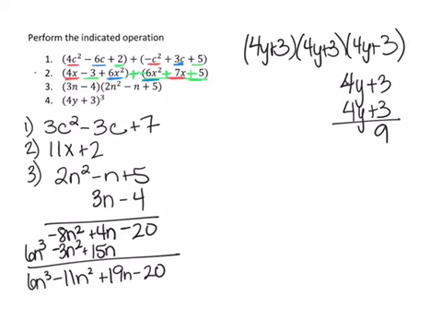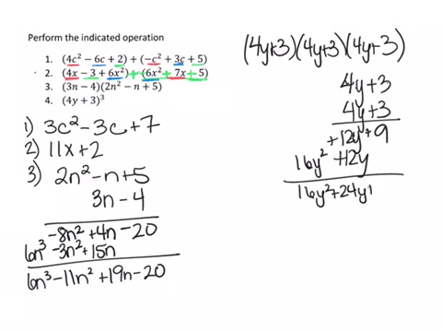We get 3 times 3 is 9. 3 times 4y is plus 12y. And 4y times 3 gives me plus 12y. And then 4y times 4y is 16y squared. So we have 16y squared plus 24y plus 9.